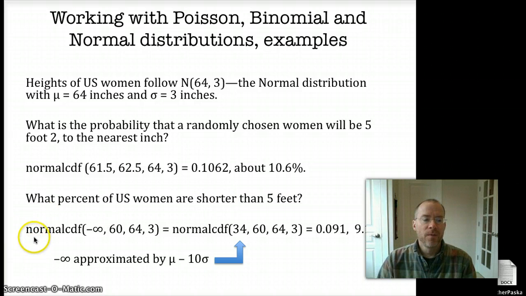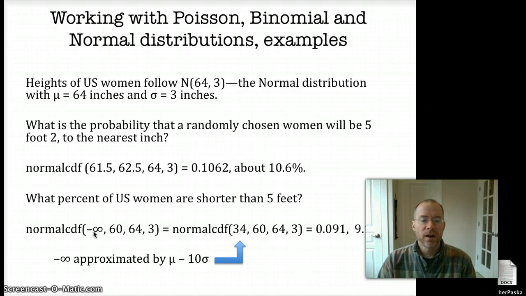And in theory, you're talking about what's the probability that that random variable will be someplace between negative infinity and 5 feet tall, negative infinity and 60 inches, in a distribution with a mean of 64 and a standard deviation of 3. Well, there gets to be a problem here of how do you enter negative infinity.